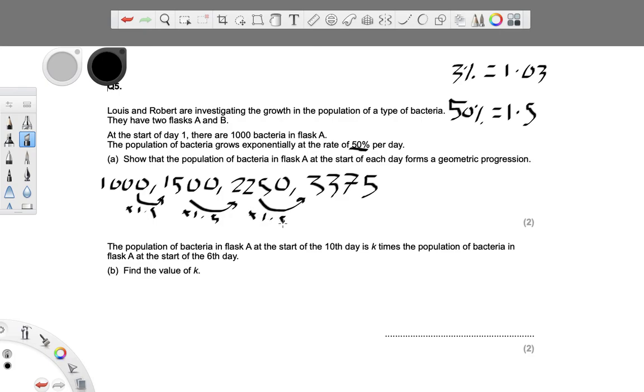And obviously it will keep going, so we'll put dot, dot, dot. So then all we need to do to state that it's a geometric progression is put that there is a common ratio of 1.5.